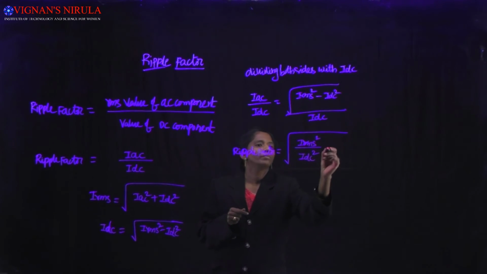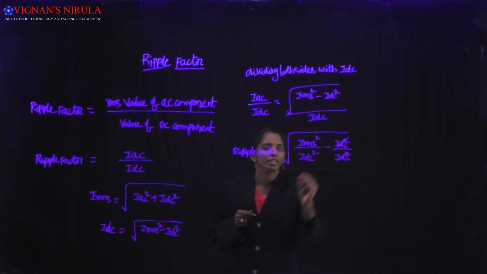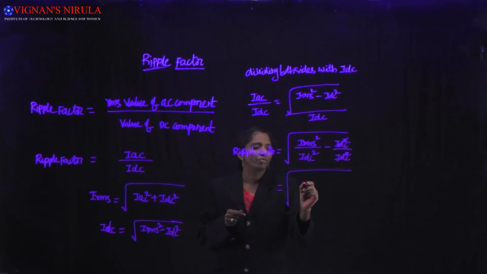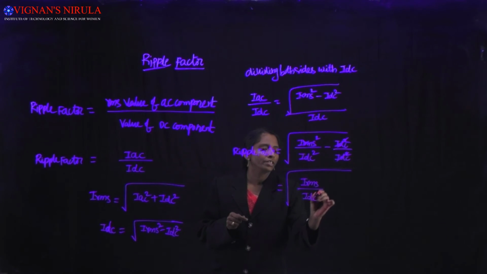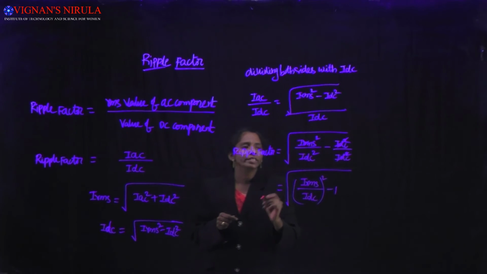So we get IRMS square divided by IDC square minus IDC square divided by IDC square. Here IDC square gets cancelled. Now we get the formula of ripple factor: the square root of IRMS divided by IDC whole square minus 1. This is the general formula for ripple factor.